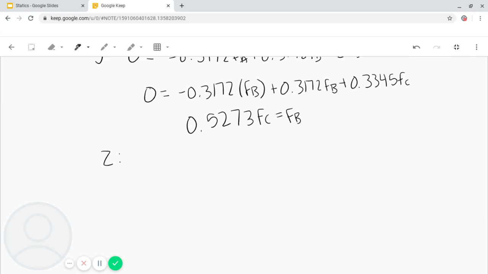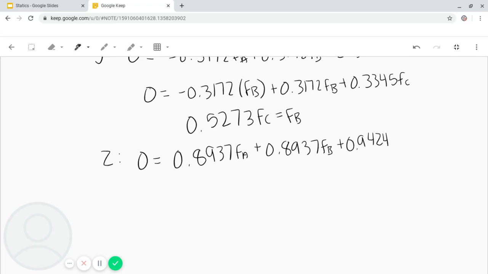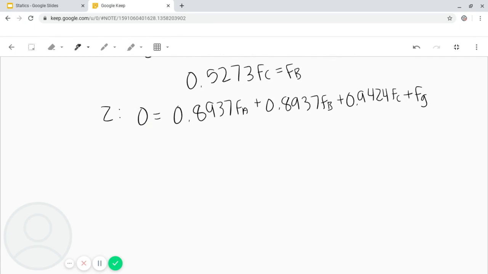So I'll say that 0 is equal to, and we can further simplify this by, again, replacing FA with FB.